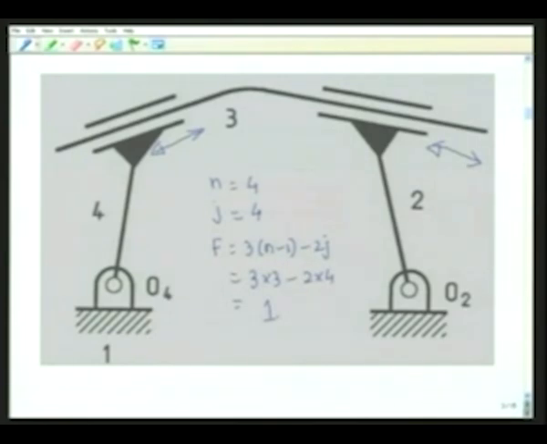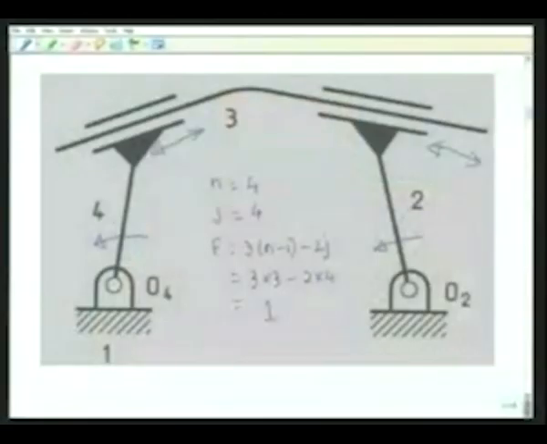Actually, here link number 2 can be moved to transmit motion to link number 4. A little thought would convince us that the rotation of link 2 and link 4 must be identical. Let me explain why. As we see, link 2 and link 3 have a prismatic pair here, which means there is no relative rotation between link number 2 and 3.